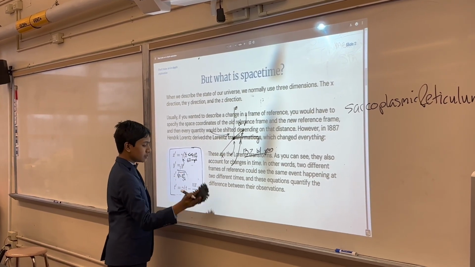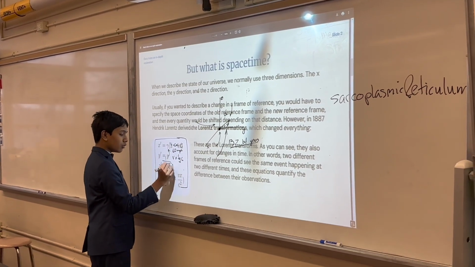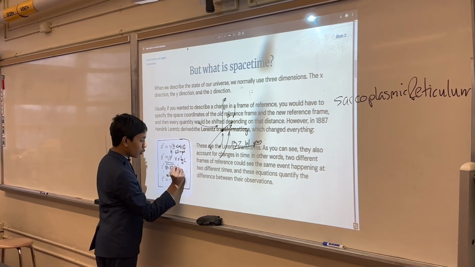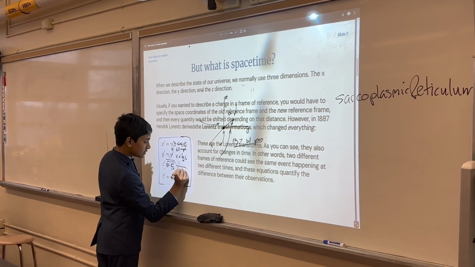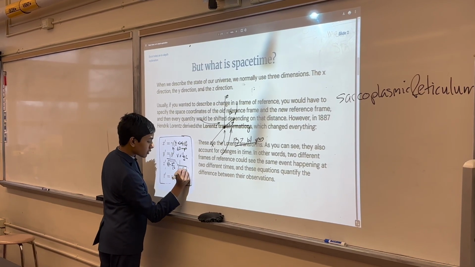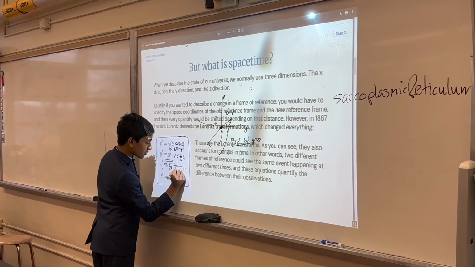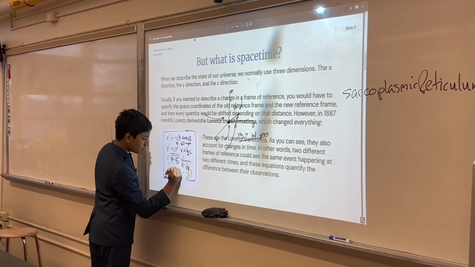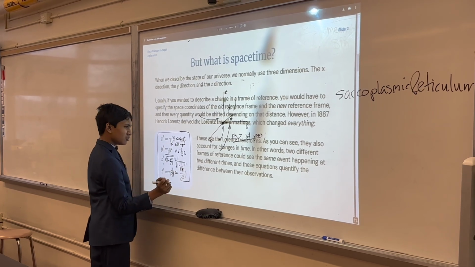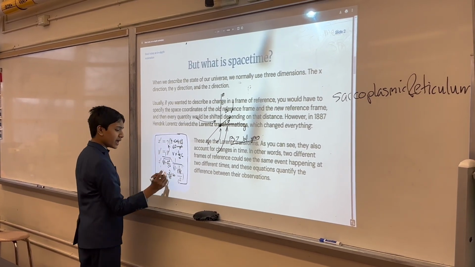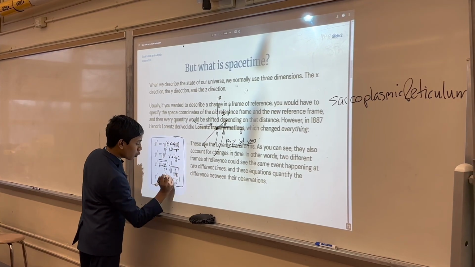I'll just use a simpler number, like if you're traveling at half the speed of light, for example, what will this look like? You'll get 1 divided by the square root of 1 minus (1/2 c) over c squared, which you can figure out is 1 minus 1/4, which is, of course, equal to 2 over the square root of 3, which is actually equal to, just off the top of my head, I'd say about 1.7.